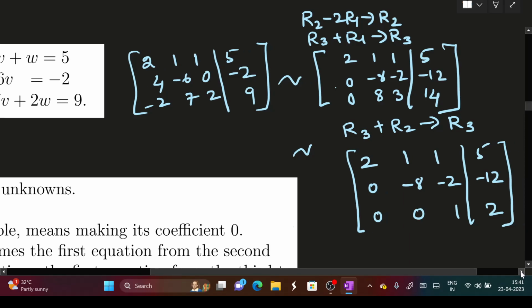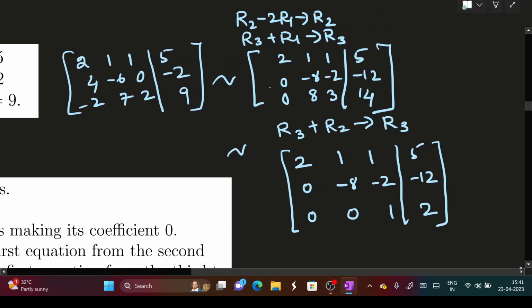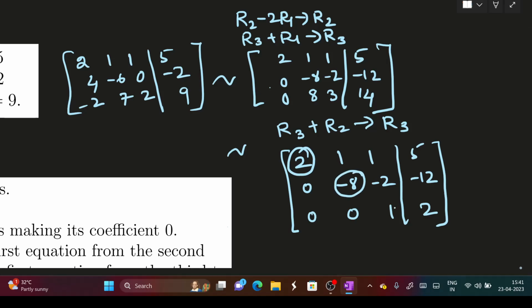Here, this is in echelon form. This is a pivot, this is a pivot, and this is a pivot. Why is it said to be a pivot? If this variable becomes 0, then I cannot find the value of u. If this variable becomes 0, then it will create a problem to find the value of v.